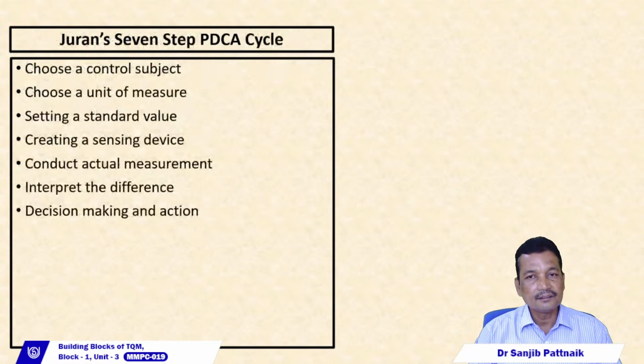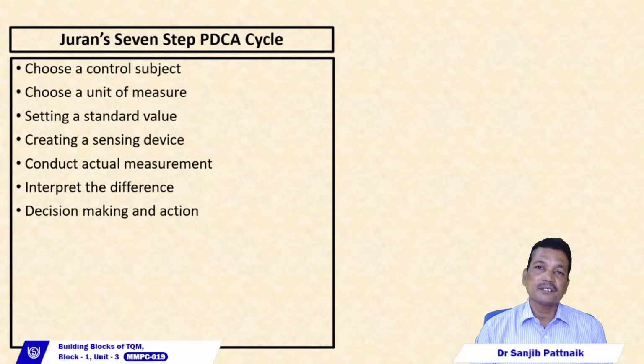Now, as we said, Juran's 7 steps, the plan, do, check, act, PDCA cycle. How to carry out as given by Juran. Choose a control subject. That means a particular activity or a particular portion of the conversion process. Try to choose it so that you can control it.